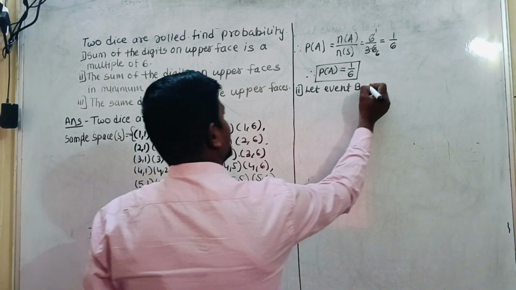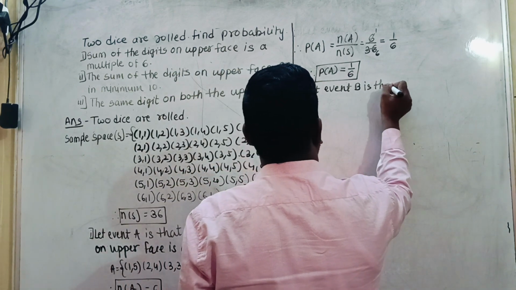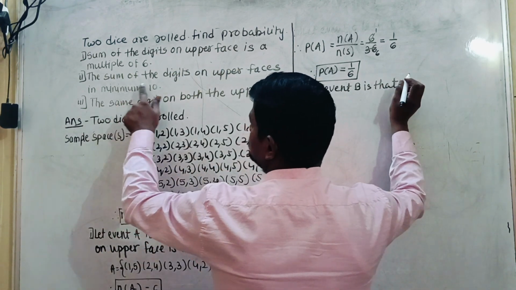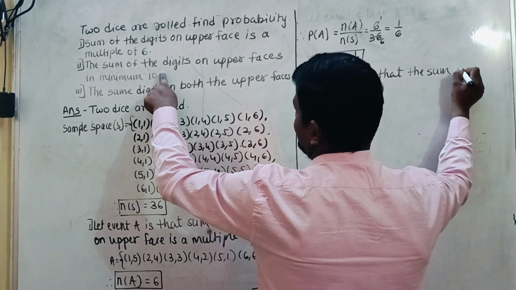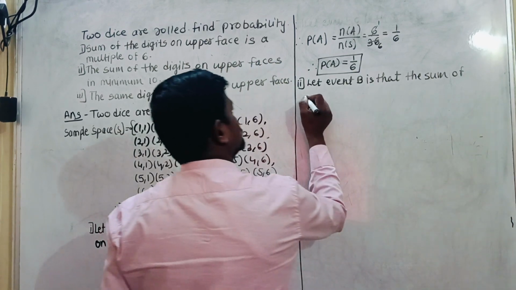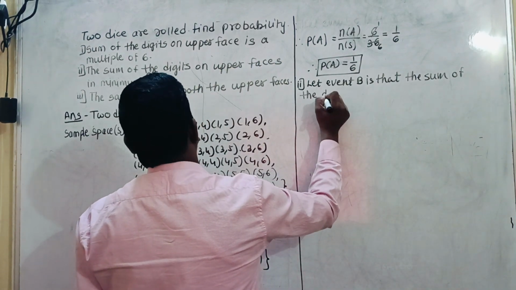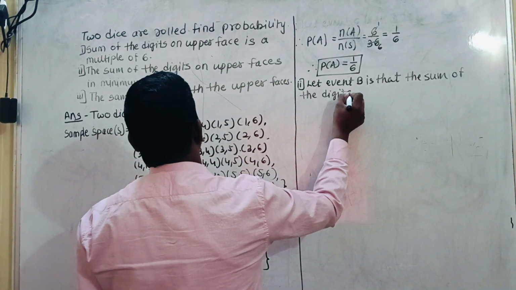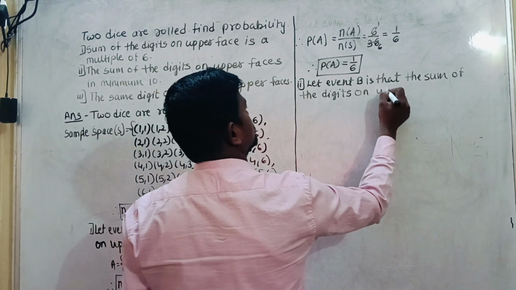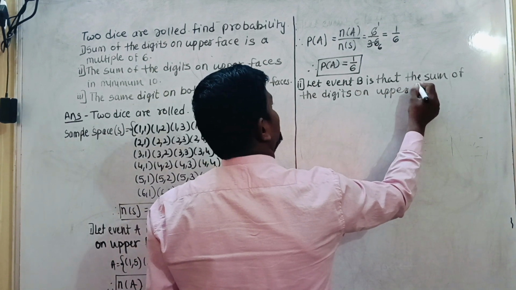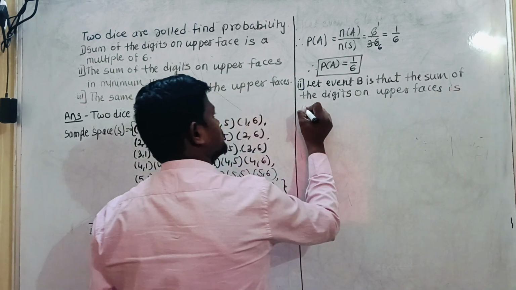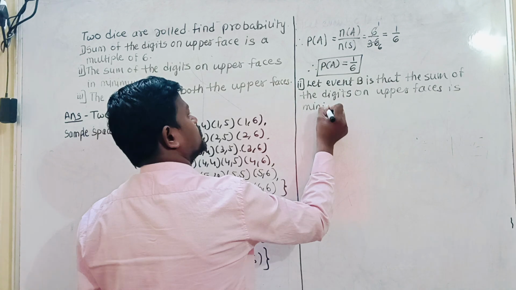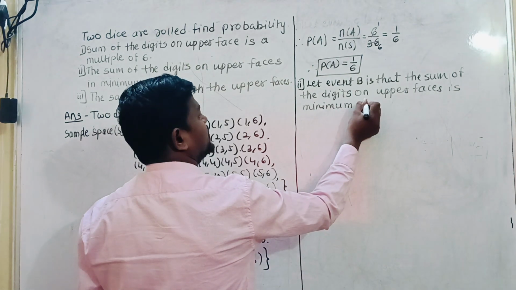Let event B be that the sum of the digits on the upper faces is minimum 10.